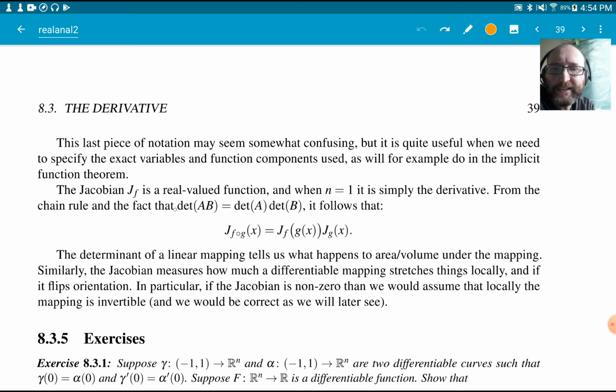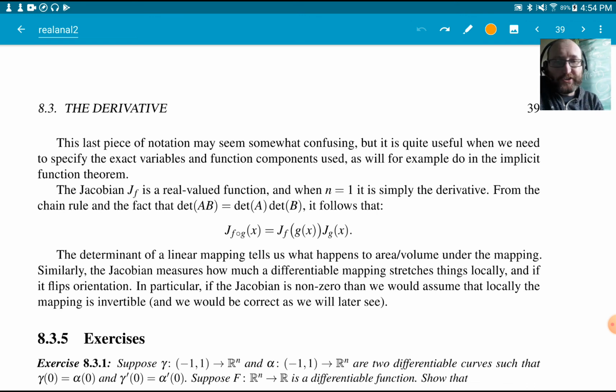Now, one neat thing about the determinant is that it's multiplicative, right? So the determinant of A times B is the determinant of A times the determinant of B. So what it says about the Jacobian, remember by chain rule, the derivative of the composition is the composition of the derivatives, and so its determinant is just the product of the determinants of the derivatives.